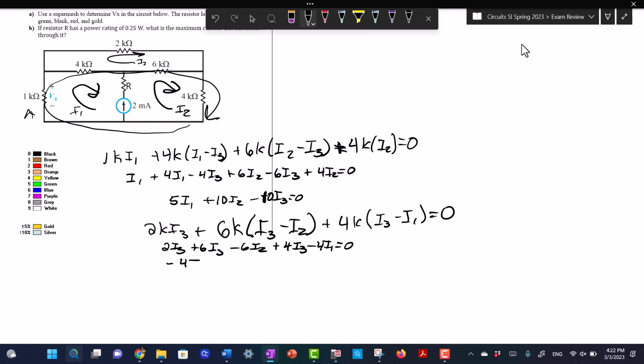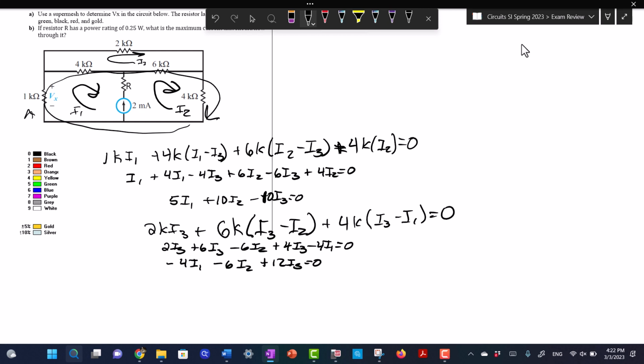So minus 4I1 minus 6I2 plus 12I3 equals 0.